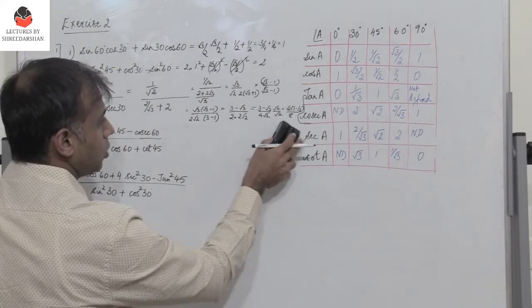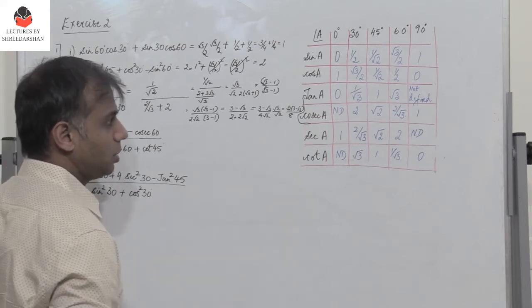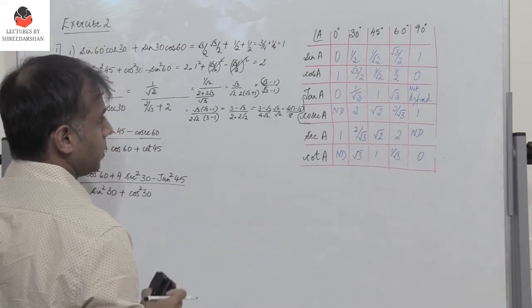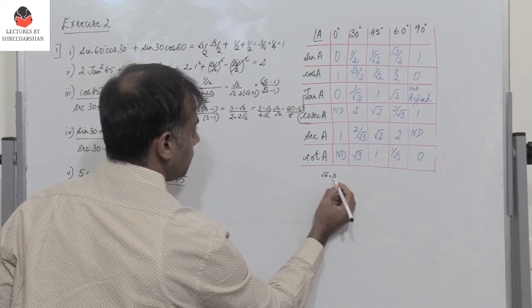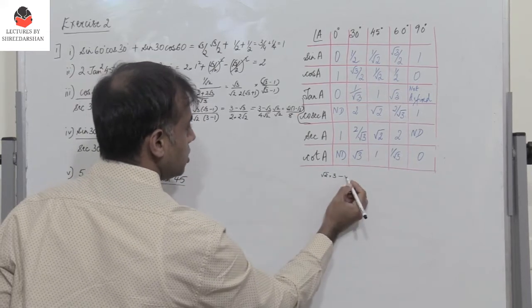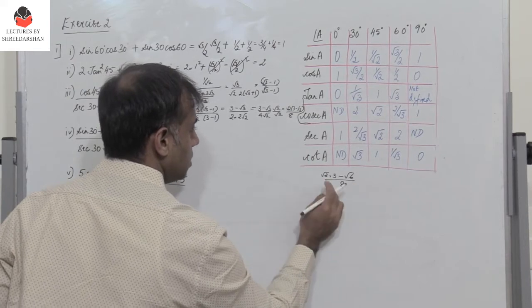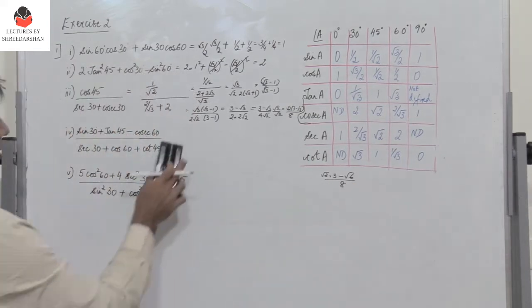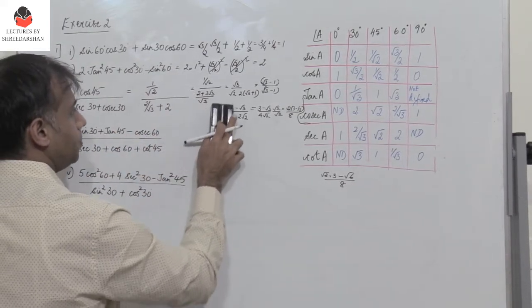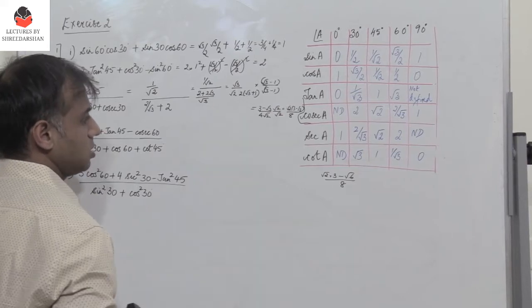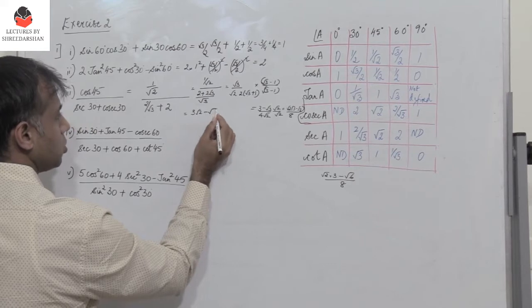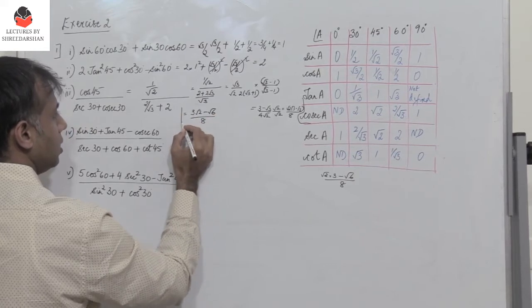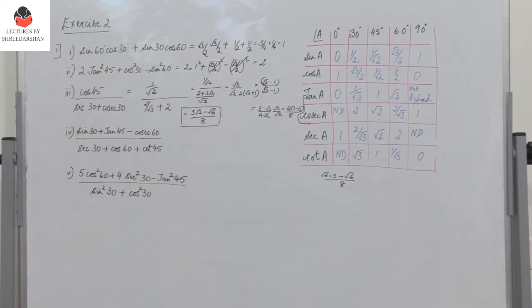So now if I want to multiply the numerator, I get root 2 into 3 minus root 2 into root 3 is root 6 divided by 8. So this is the final answer what we get. So let me write the answer here. So finally we get the answer as 3 root 2 minus root 6 divided by 8 happens to be the final answer.